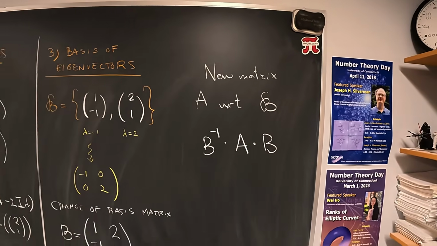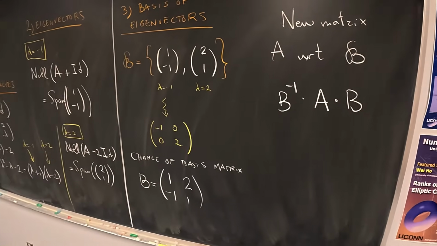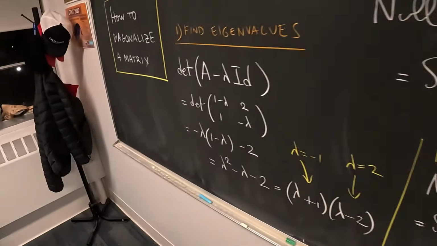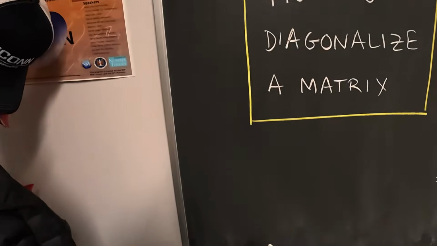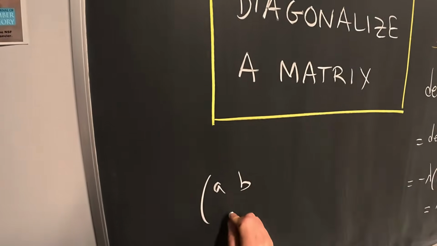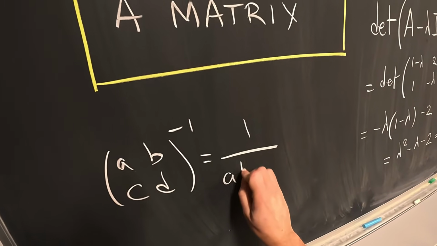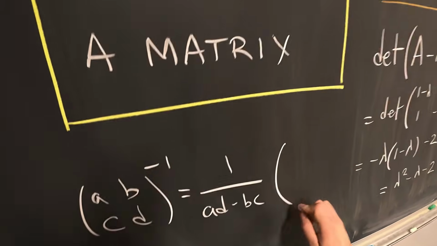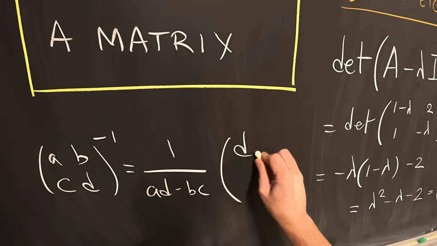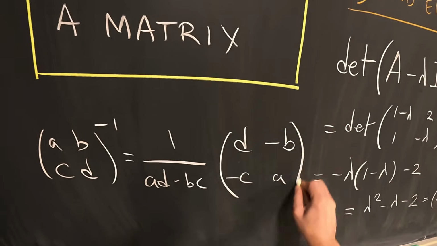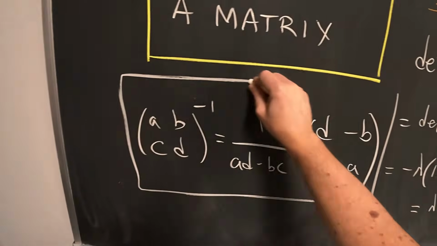Remember the formula for the inverse of a 2 by 2 matrix. The inverse of a, b, c, d is 1 over ad minus bc times d, minus b, minus c, a.